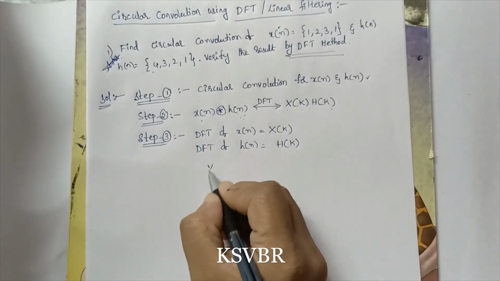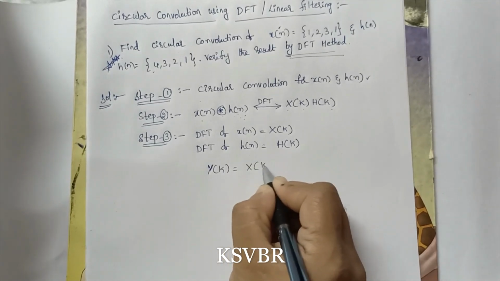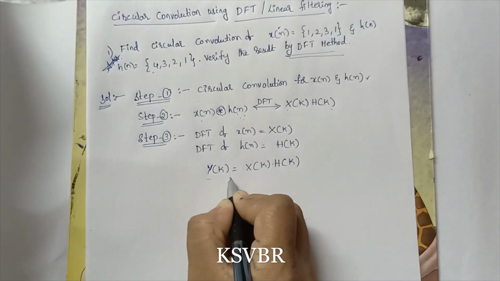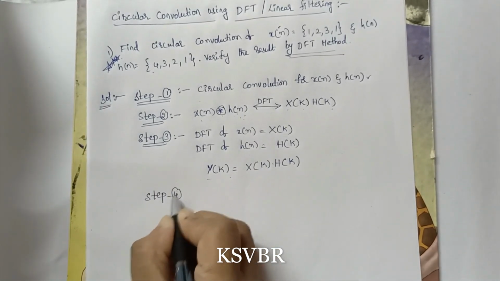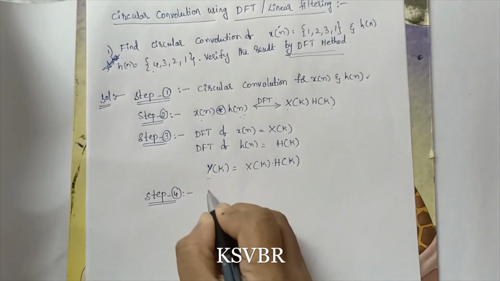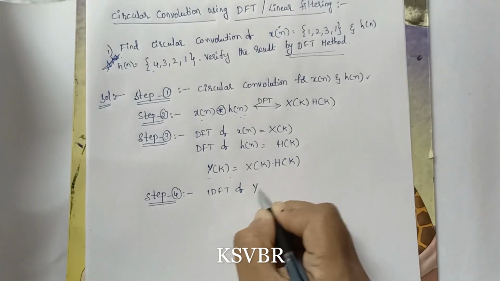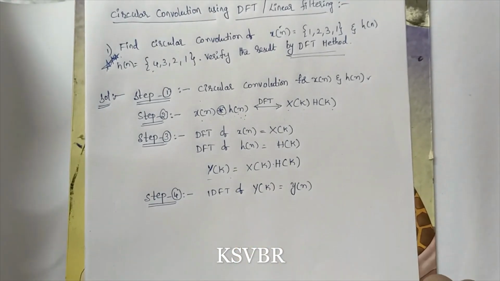Finally we know Y of k is equal to X of k into H of k. In step 4, we do the IDFT of Y of k, and that gives y of n.